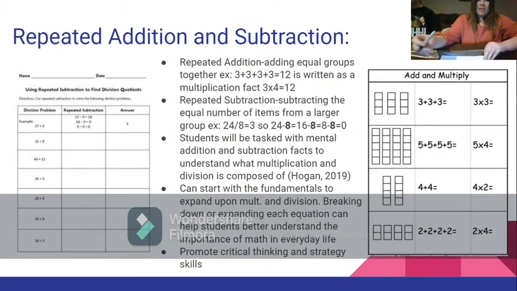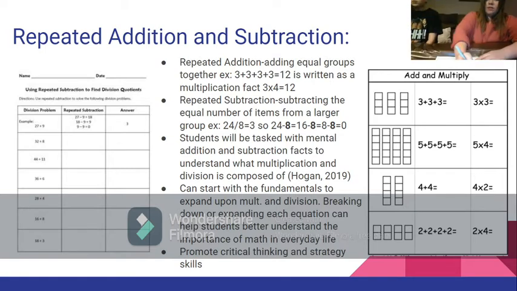Our last step is repeated addition and subtraction. Repeated addition is adding equal groups together. So if we take 3 plus 3 plus 3 plus 3, if we did 3 plus 3, what is that? 6.